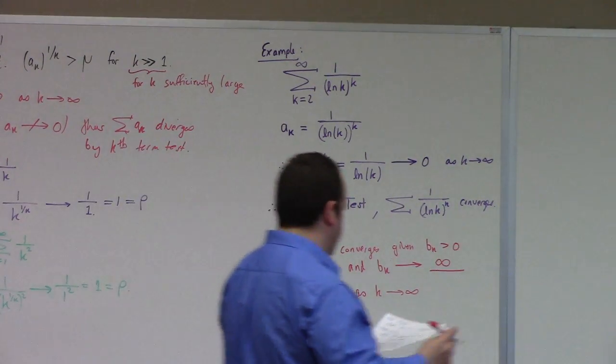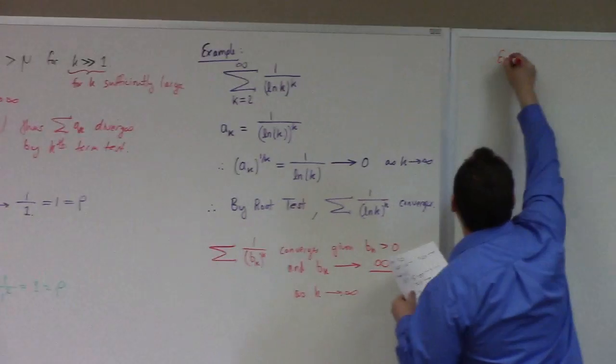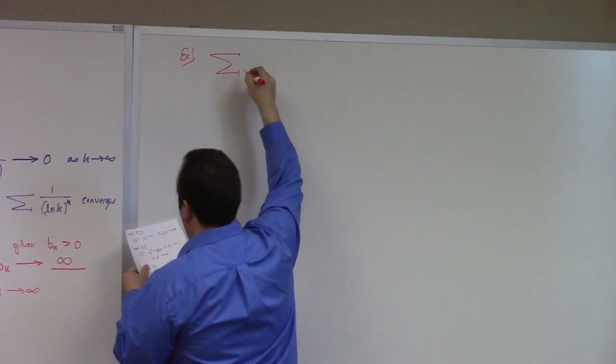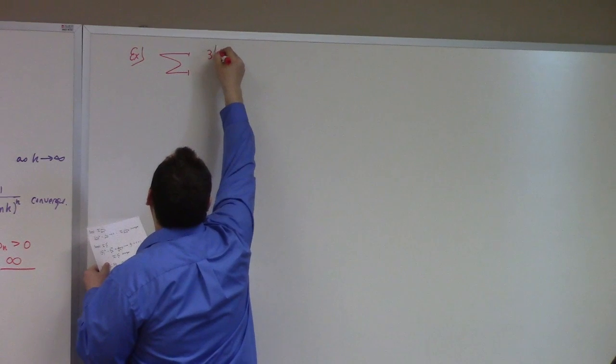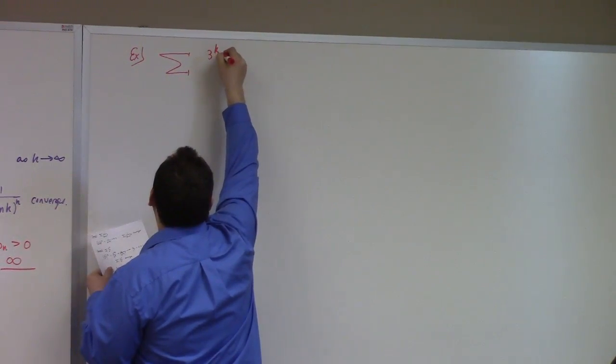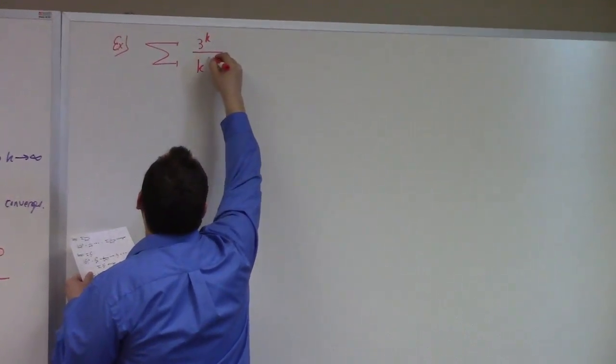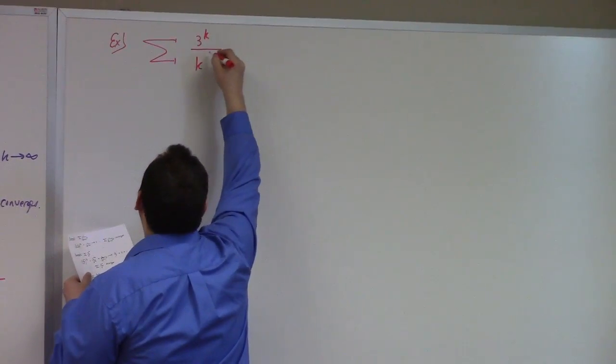Another example. Let's say the sum, k equals 1 to infinity, of 3 to the k over k cubed.